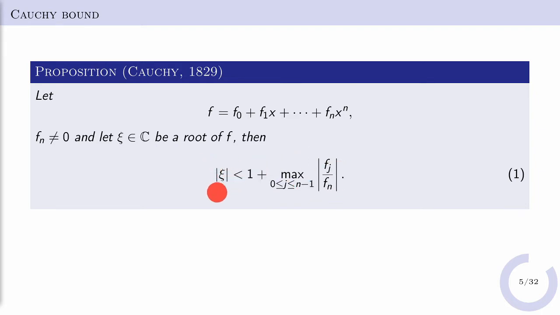So if the absolute value of psi is bounded from above by 1, then this whole formula holds. This is 1, and 1 is strictly less than 1 plus something positive. So the assertion of the theorem holds in this case trivially.